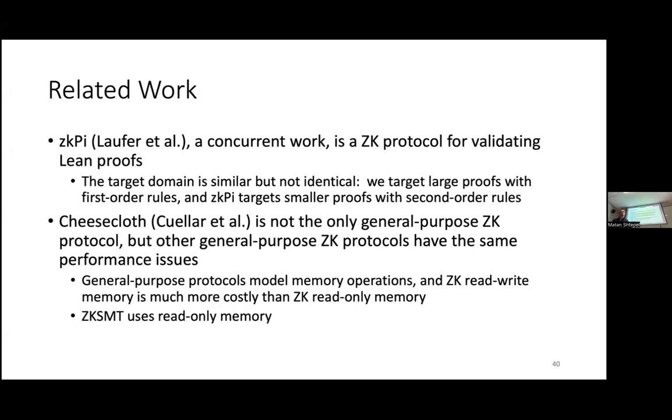But there are also some other sources of slowdowns within ZKSMT that are specific to our protocol rather than just the commitment setup in general. So, for instance, list padding. We did some examination of list padding for what happens in our proofs, and we found that in a lot of our proofs, list padding was about 90% of the list entries in total.